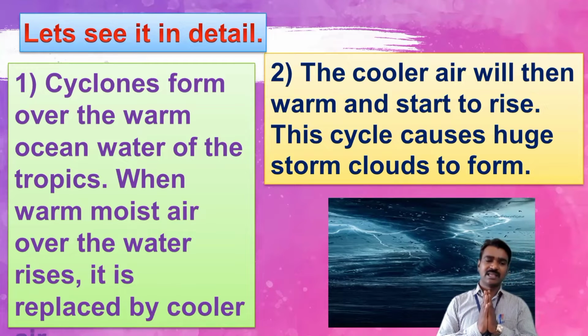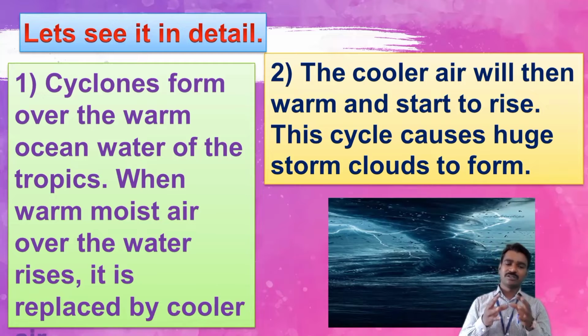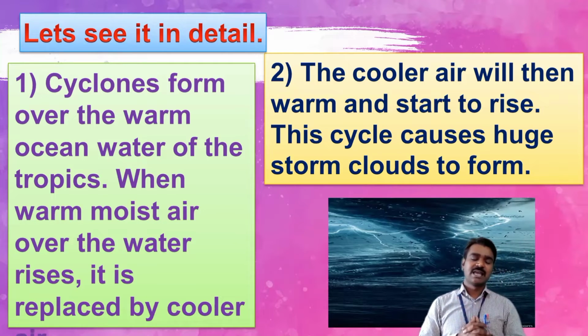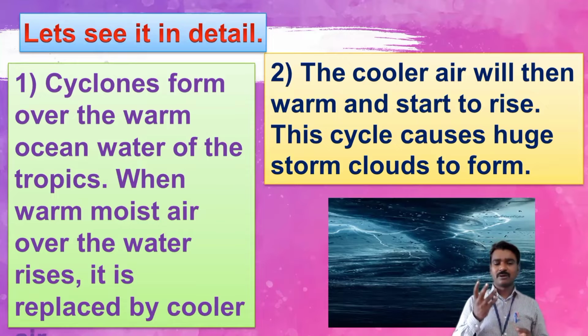Okay, so in detail we will see that the cyclones are formed over the warm oceans, and they form when the warm and moist air over these oceans rises.